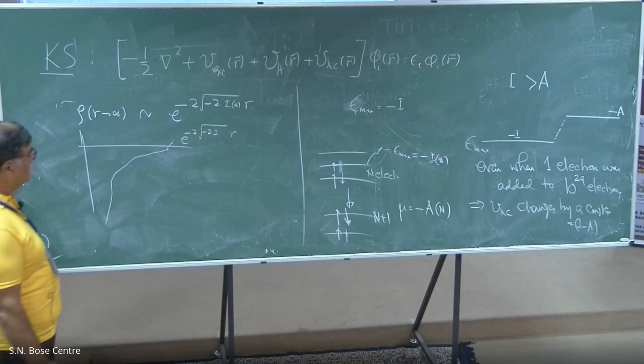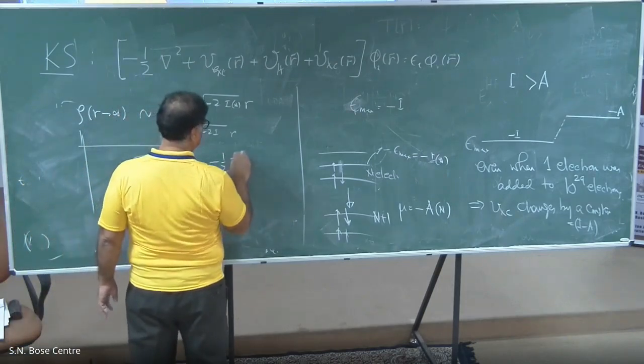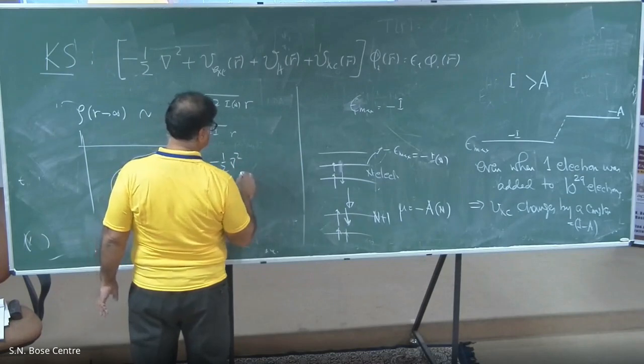Okay. So if you calculate far away, the external potential goes to 0, the external plus Hartree go to 0. All you have is this.